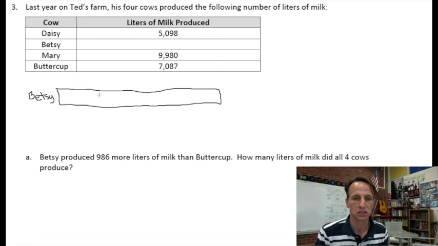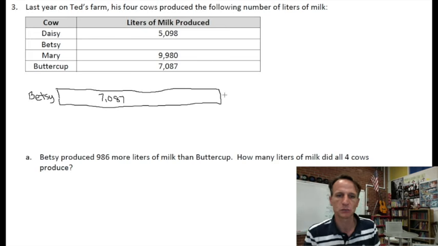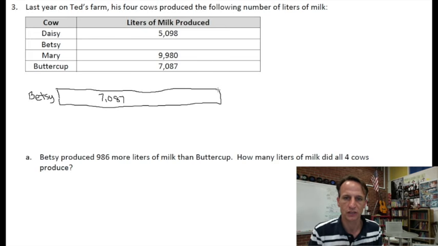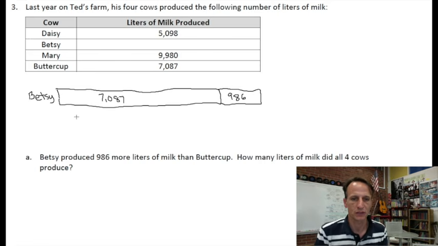And how much was she? She had 7,087 liters. And Betsy is more, though, so she's another 986 liters. Okay, so you can see quite easily that we need to put those together in order to get Betsy as a starting point.